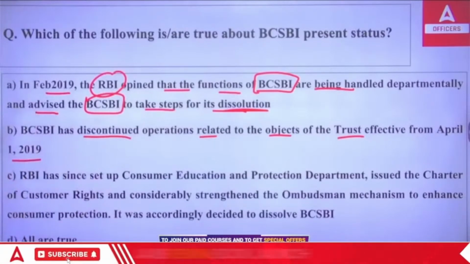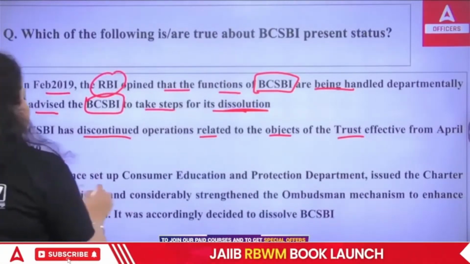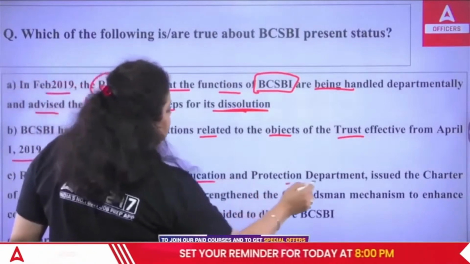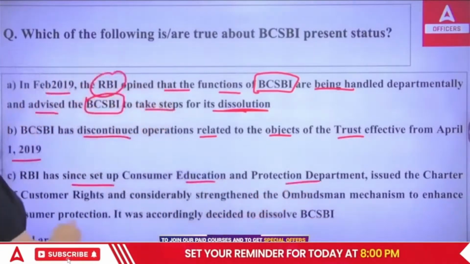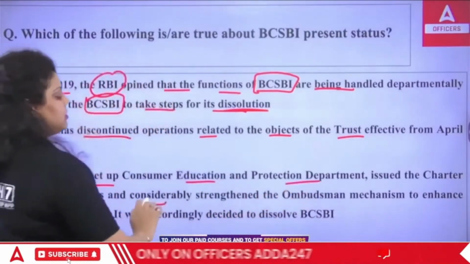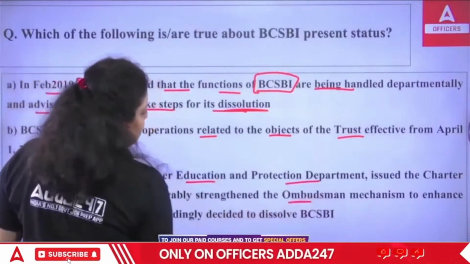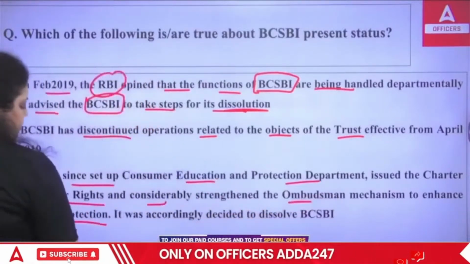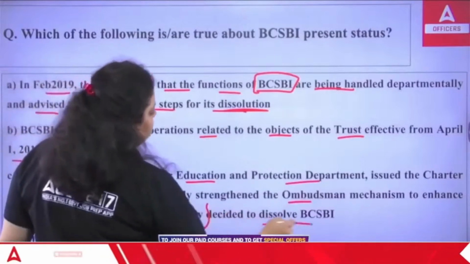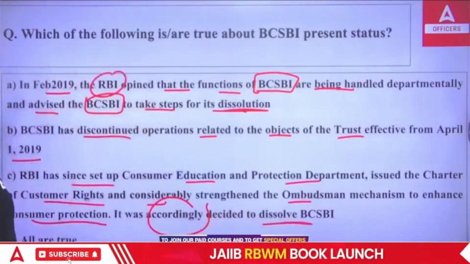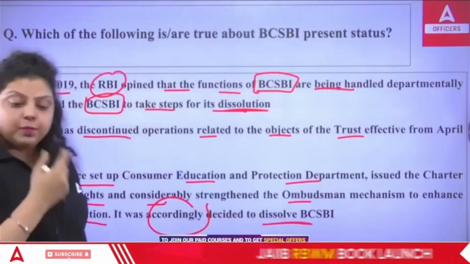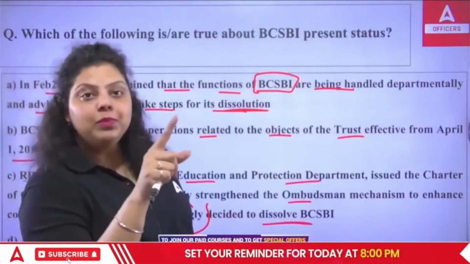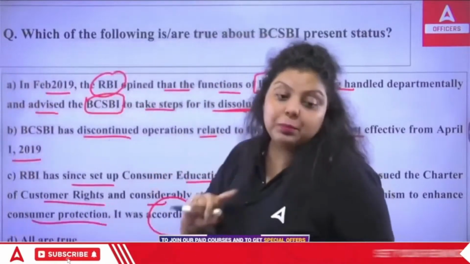Third, RBI, since it set up the Consumer Education and Protection Department, issued the Charter of Customer Rights and considerably strengthened the ombudsman mechanism to enhance customer protection. So, it was accordingly decided to dissolve the BCSBI. Like if you are dissolving the BCSBI, who is going to take care of the frauds or all of the complaints of the customer?